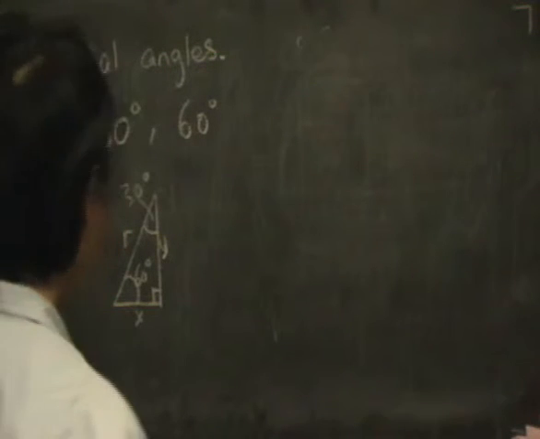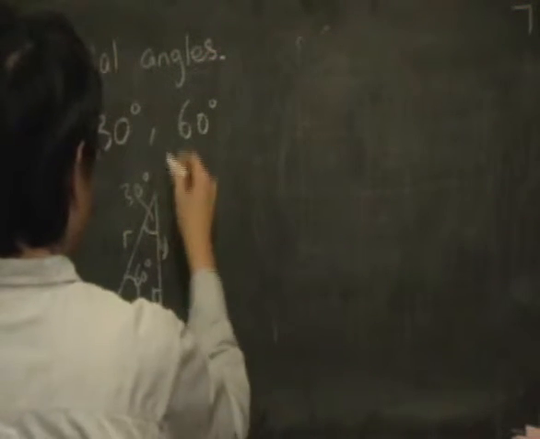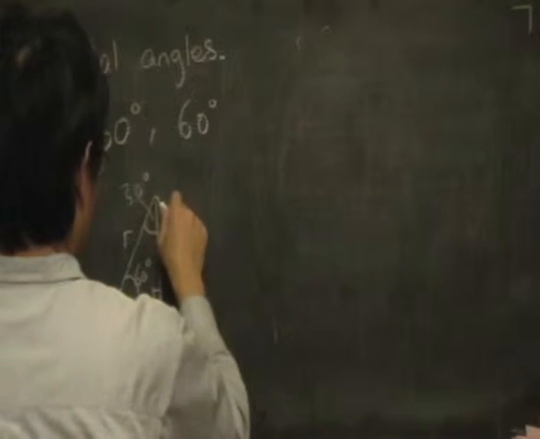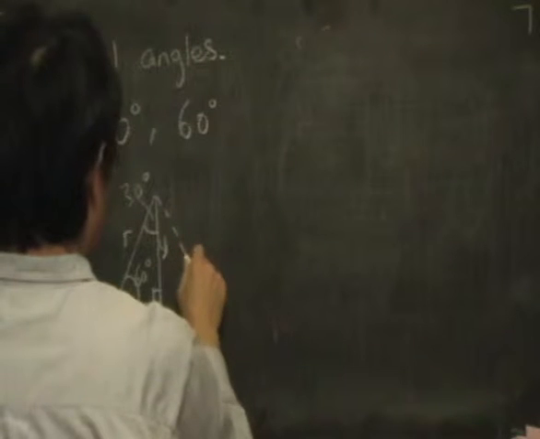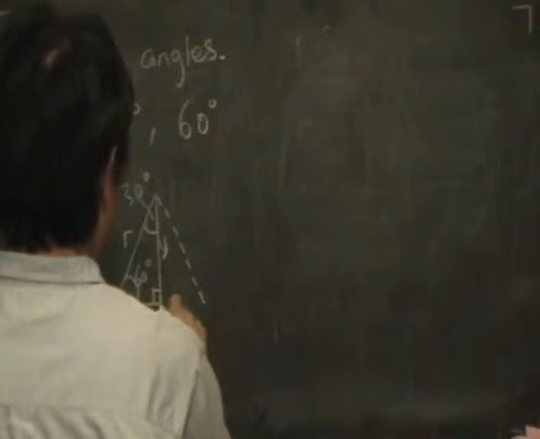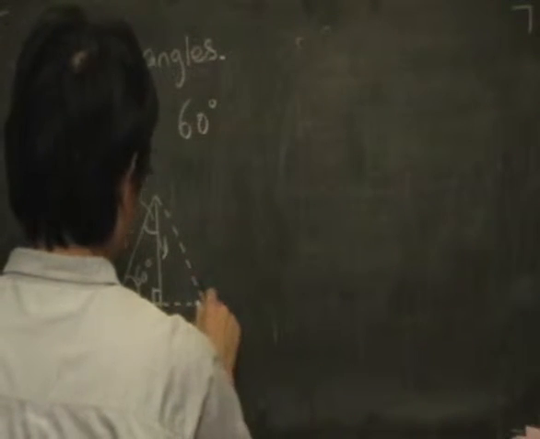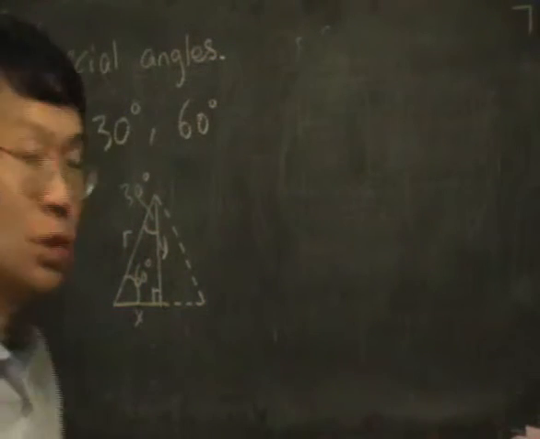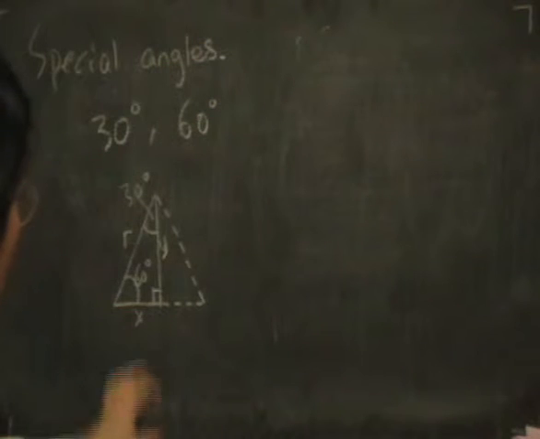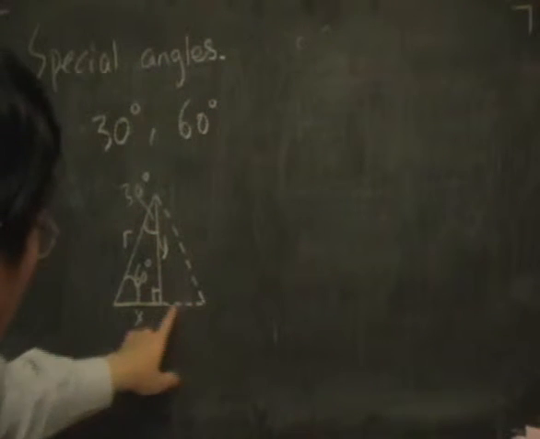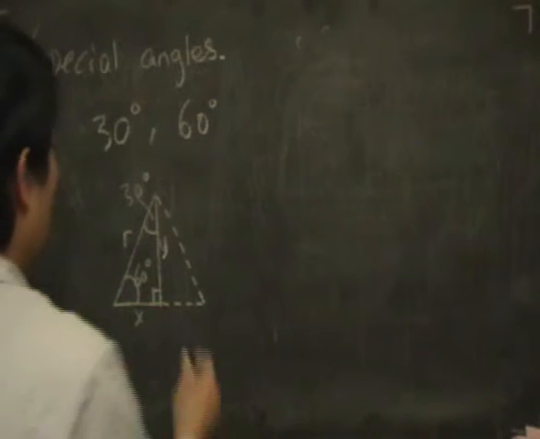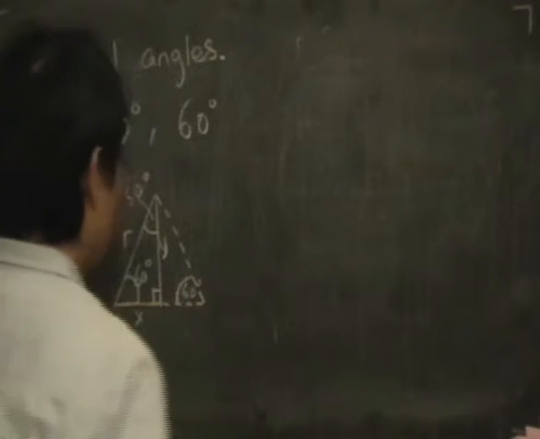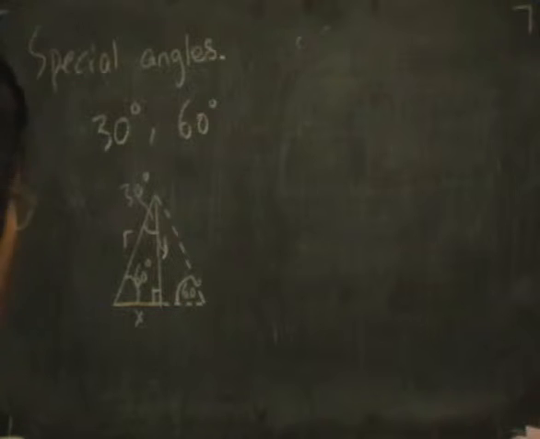The way to do this is to draw an identical, exact same triangle on the other side, but just flipped around. Okay, so I have another right angled triangle here with a 60-degree angle as well.